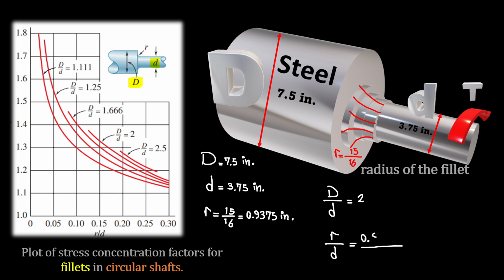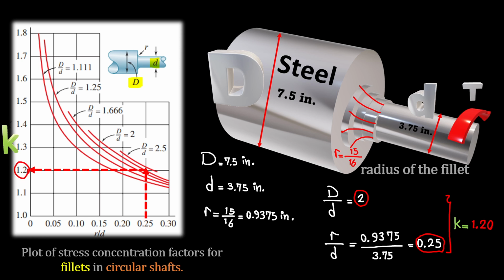If you get the ratio of D over d, which is 2, and r over d, which is 0.25, and find that on the graph, you will get a stress concentration factor of 1.20. If you remember, in part A we got a stress concentration factor of 1.33.